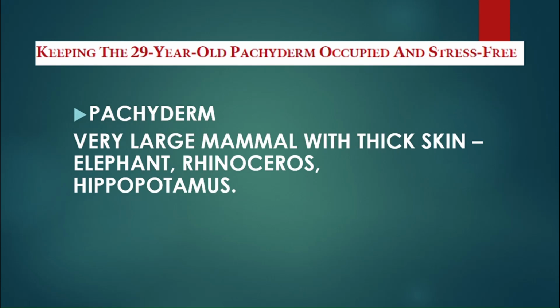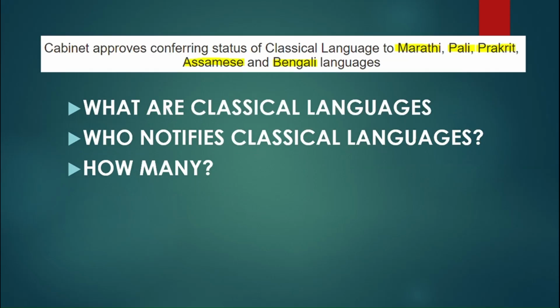Why I have given this is that maybe in prelims they may ask you a question. I think 2 or 3 years ago there was a question on elephant, right? So they can frame such questions in the future, and they can use this word pachyderm. So you should not be confused. What is pachyderm, right? So that is why I've given it here.